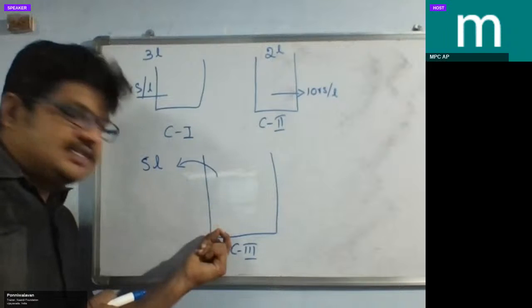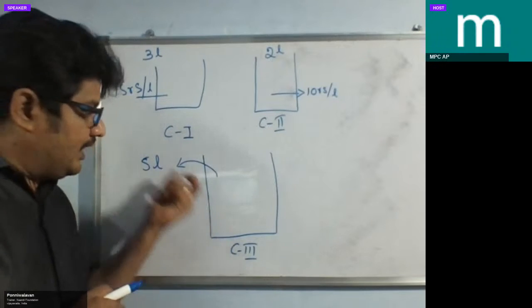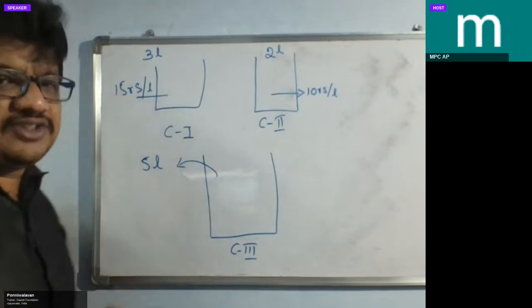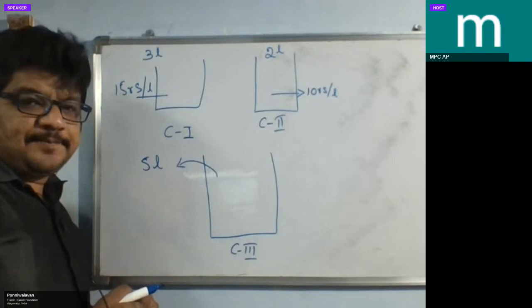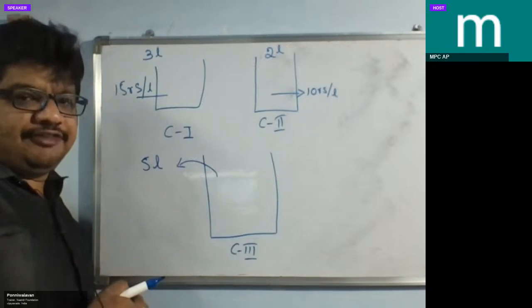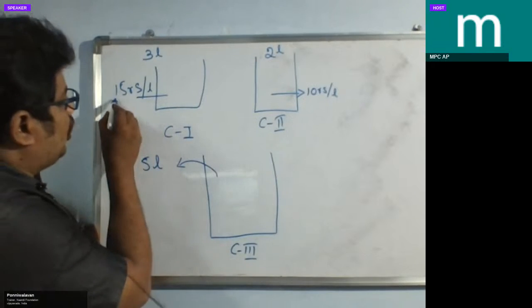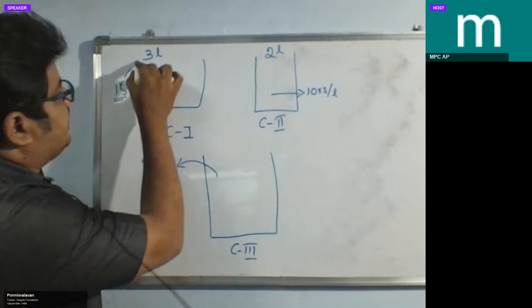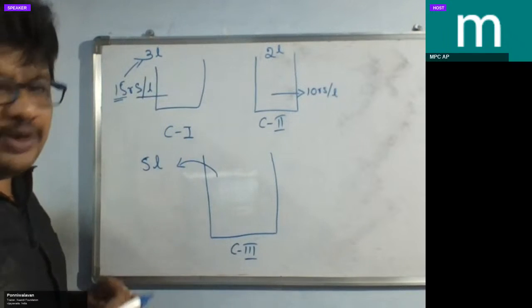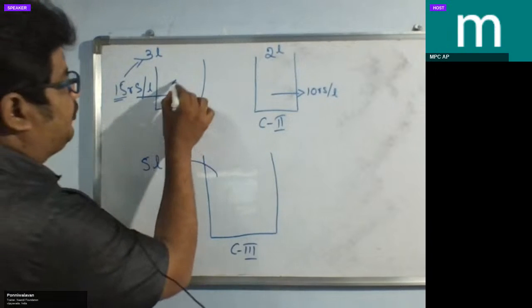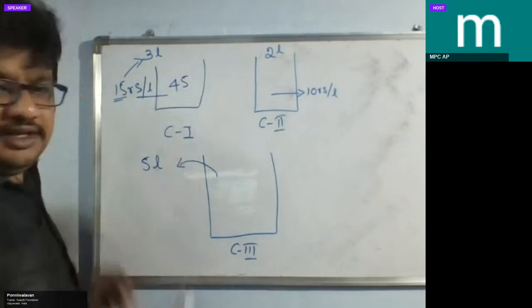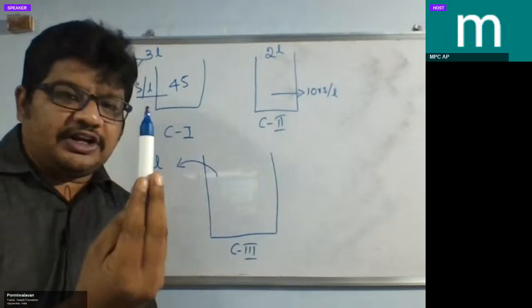What must be the rate of 1 liter? Let's find that. 1 liter is 15 rupees, so 3 liters is 45 rupees.